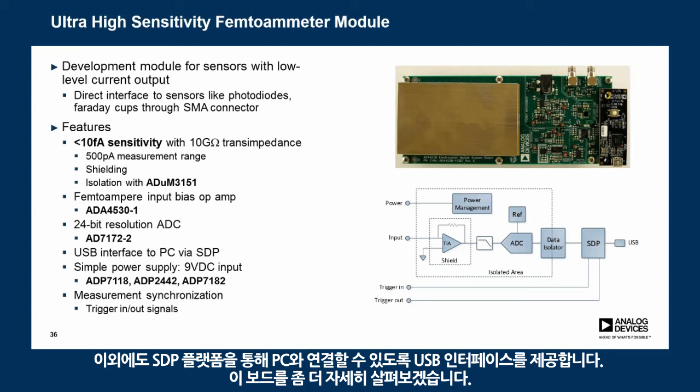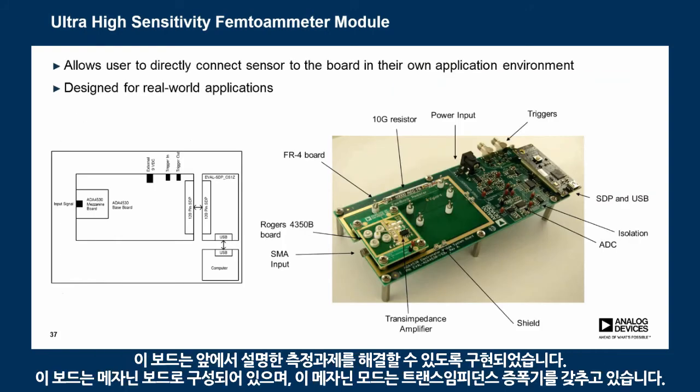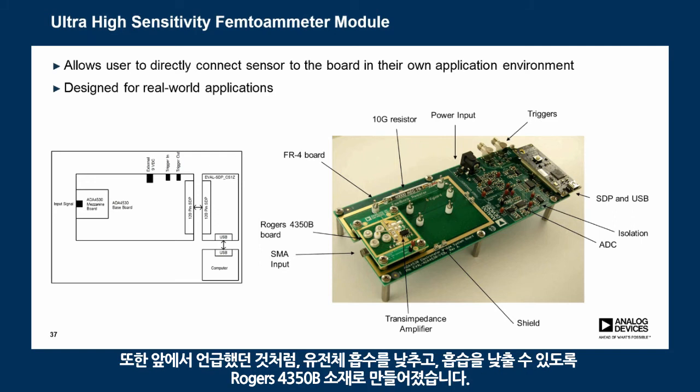So let's look at the board in more detail. The board actually implements all the solutions to the measurement challenges that I described earlier. The board consists of a mezzanine board, and this mezzanine board is where the transimpedance amplifier resides. And it is also made of Rogers 4350B material for low moisture absorption and low dielectric absorption reasons that I talked about earlier.